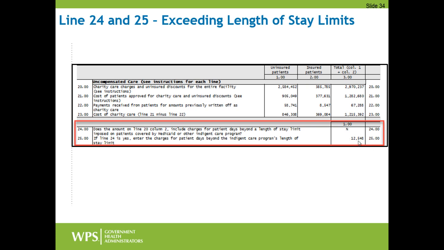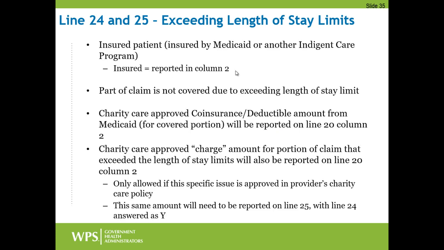You need to separately report just that portion here, because again, it tells the system how much of this $385,000 needs to be multiplied by the cost to charge ratio, because most of it usually is not. Just this little portion will be. So again, it's insured because they're insured by Medicaid. So it's going to be reported in column 2, but part of that claim is not really covered.